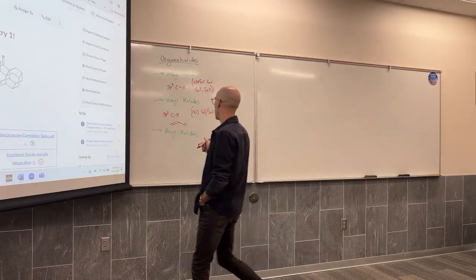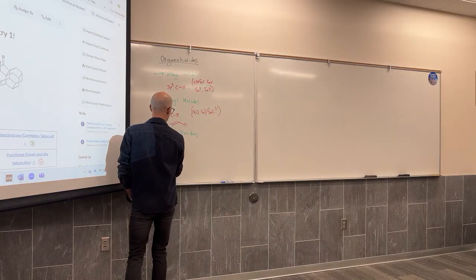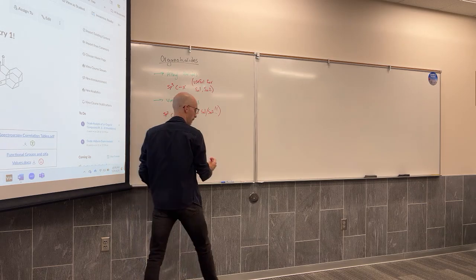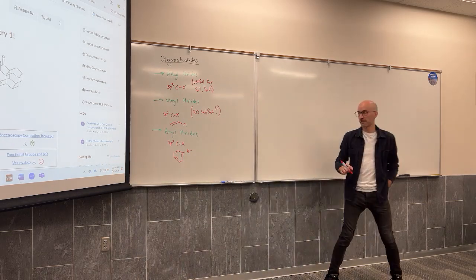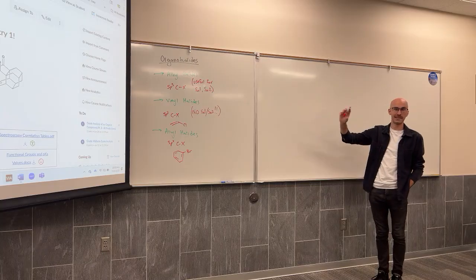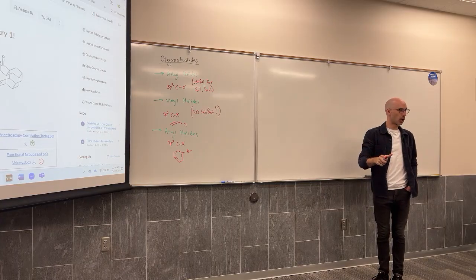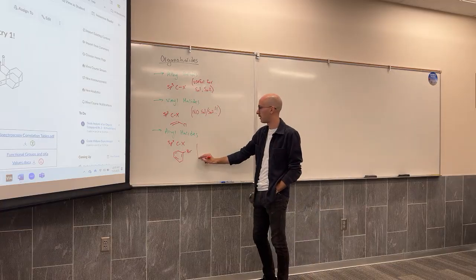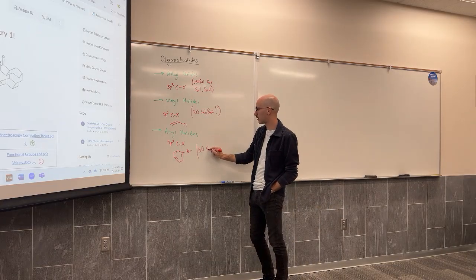Aryl halides. This is another sp2 C-X bond, but for example, here is bromobenzene. And for the same reason as vinyl halides, the hybridization of the carbon, the orientation of its molecular orbitals, this also cannot go through SN1 or SN2.